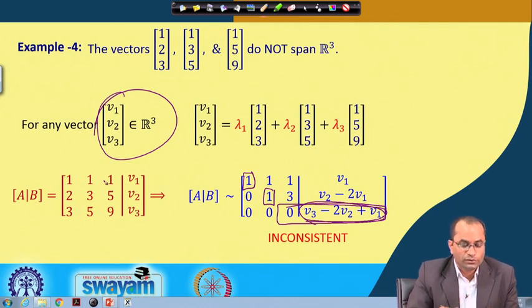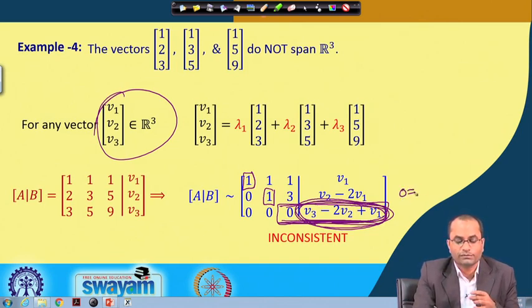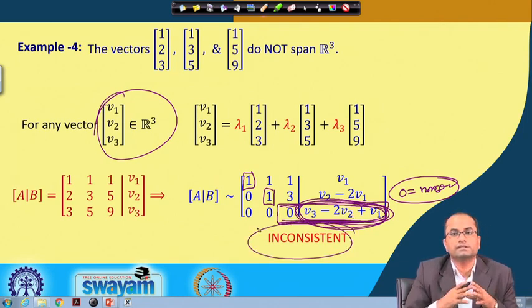We observe that this will be 0, and this will be a non-zero number in many situations, and then 0 is equal to something non-zero we are getting. So, this system we cannot solve for general v1, v2, v3 from R3, that means the system is inconsistent, and hence we cannot write down in this case as a linear combination of these given vectors.